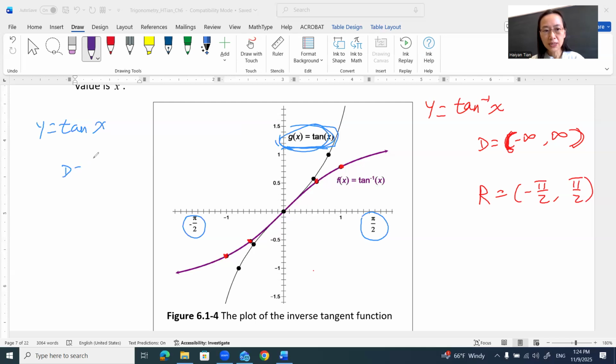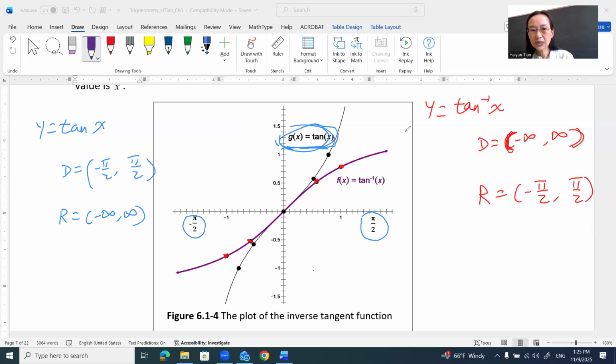So that's the domain for tangent, of course with open parentheses. And the range for the tangent will be all real numbers.